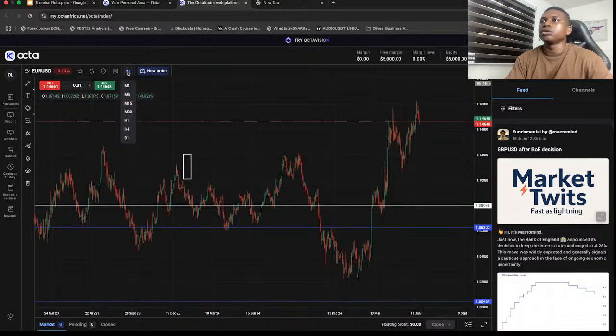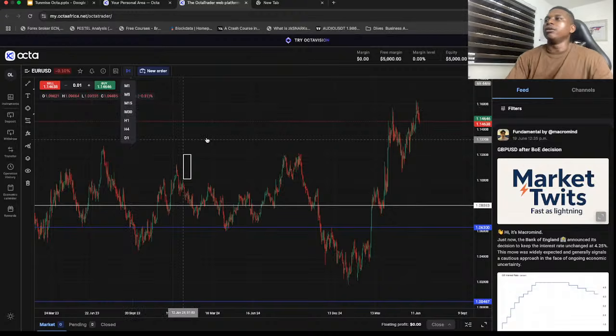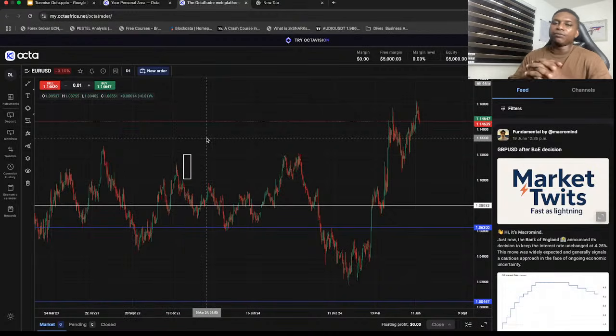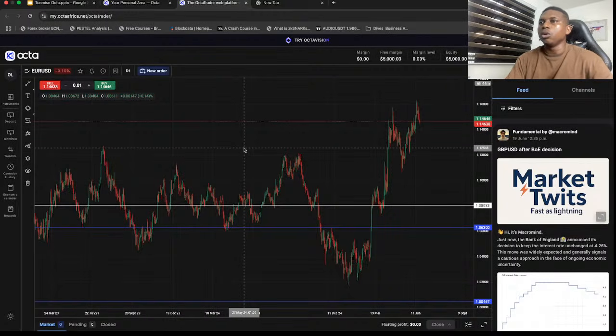We're going to start from the daily time frame down to the 1 hour to 30 minutes time frame. Now, looking at the daily time frame, one of the first questions we need to ask ourselves is, what is the current market structure?